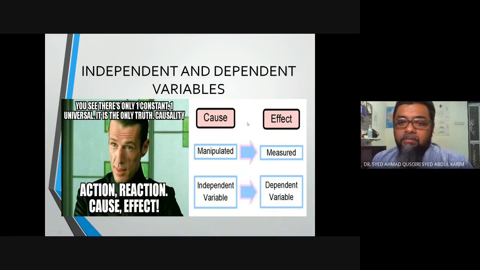You would have the independent variable as the cause, the variable that is being manipulated to find how it affects the dependent variable, where the degree of the effect is being measured. We want to see how we manipulate the IV, and then measure the effect on the DV.